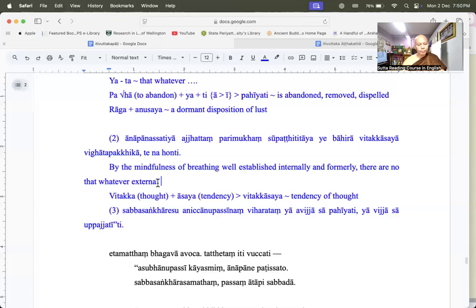So that one is round thought, round thoughts.